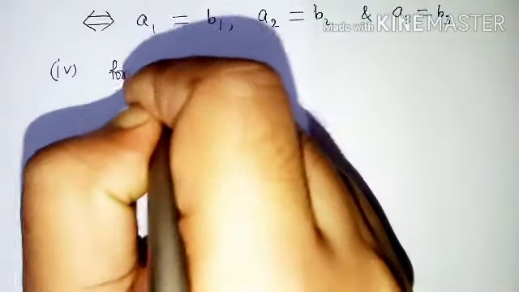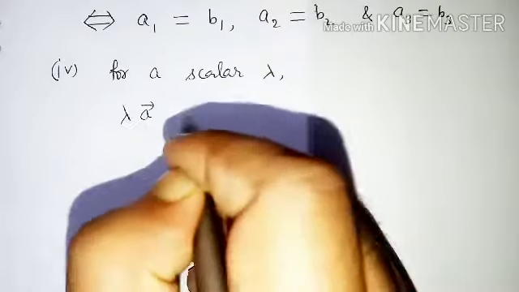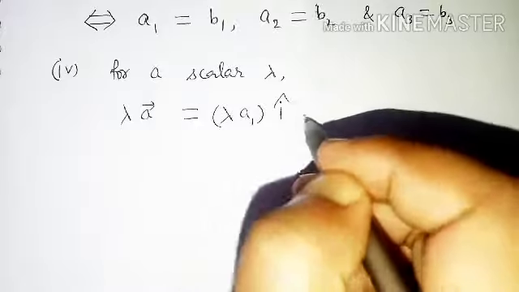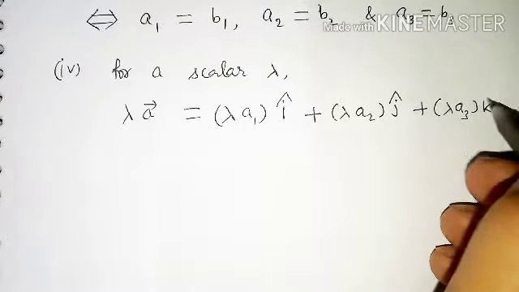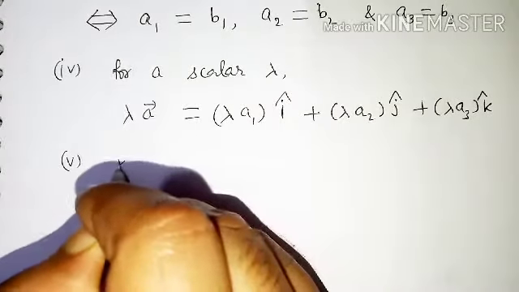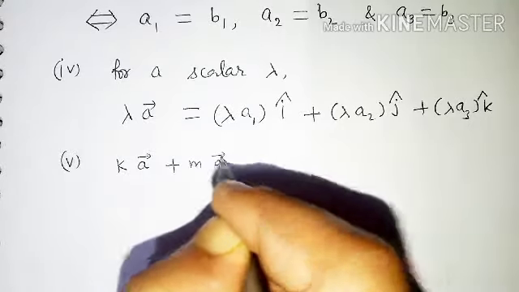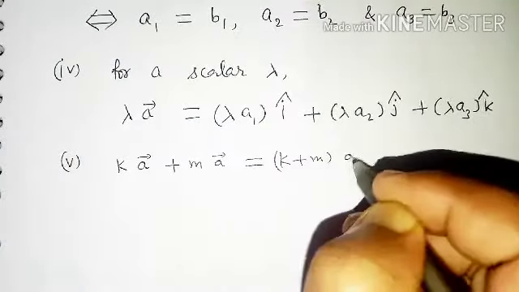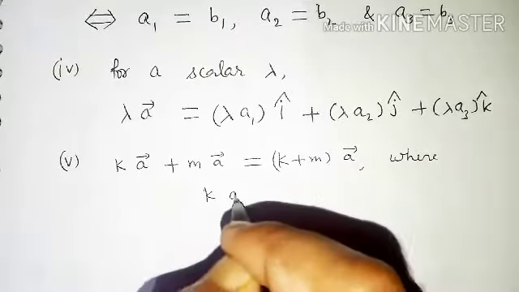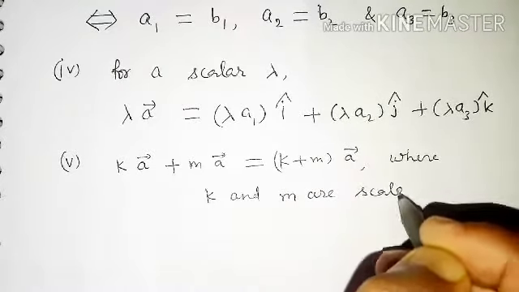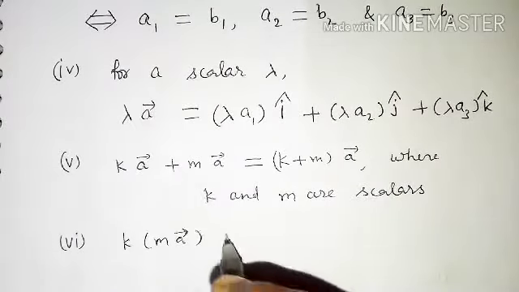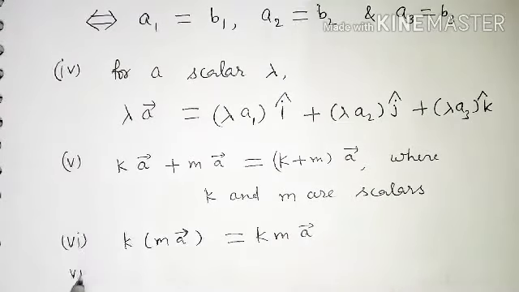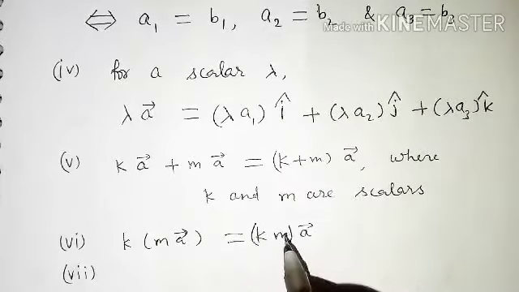For a scalar lambda, lambda vector A is equal to lambda a1 i cap plus lambda a2 j cap plus lambda a3 k cap. k vector A plus m vector A is equal to (k plus m) into vector A, where k and m are scalars. k into m vector A is equal to km vector A, where k and m are scalars.